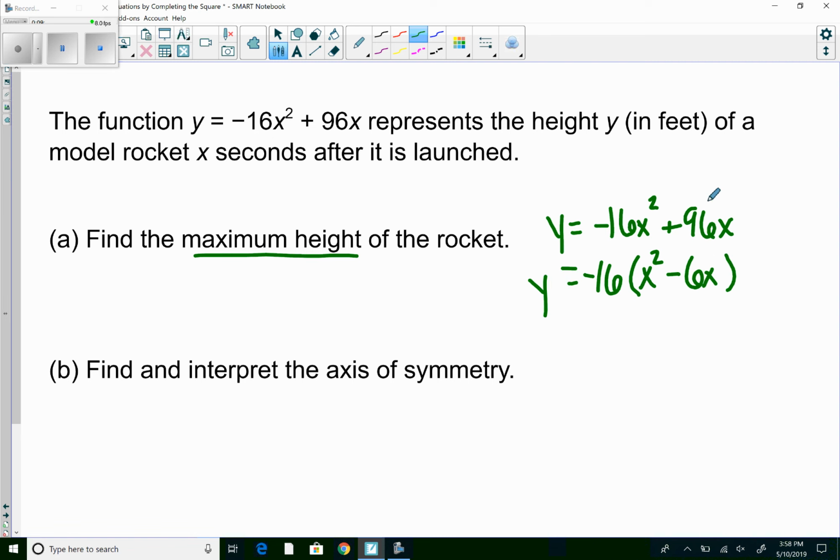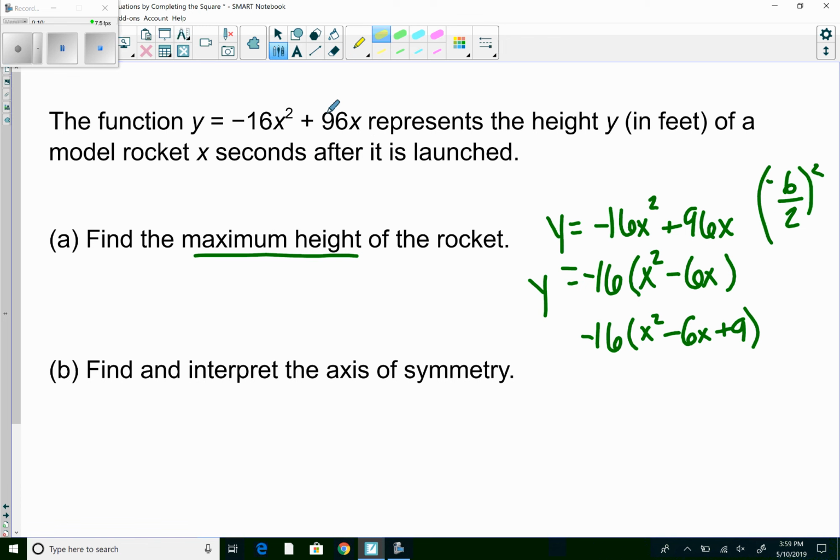Now let's do the completing the square process, because if you're trying to do completing the square with a 96, that gets really big. Let's use this 6. So 6 divided by 2 squared would turn into 9. So let's add 9 to both sides. Okay, so this is negative 16 times x squared minus 6x plus 9. Now when we were finding the maximum before, remember how there was that negative out front there?